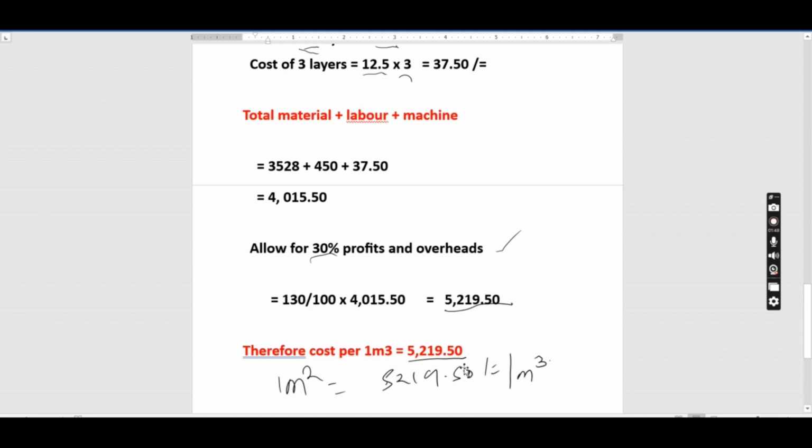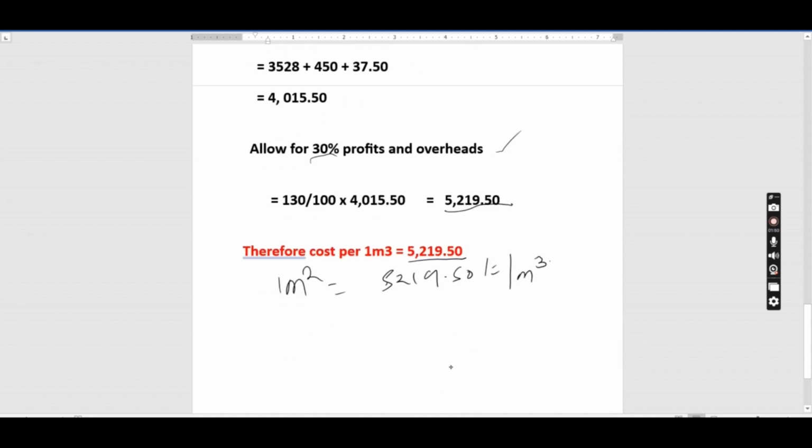Remember, our thickness was 375 millimeters thick, that is 0.375 meters.